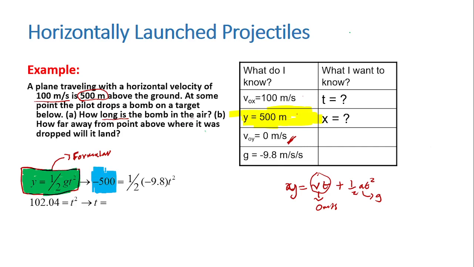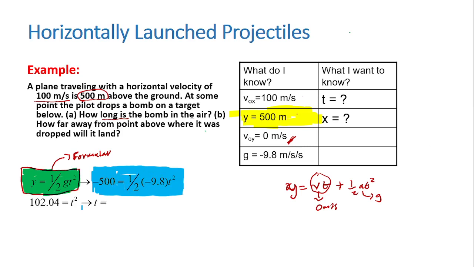Now the other side. We know that g, the acceleration due to gravity, is negative 9.8. So you can cross multiply there.